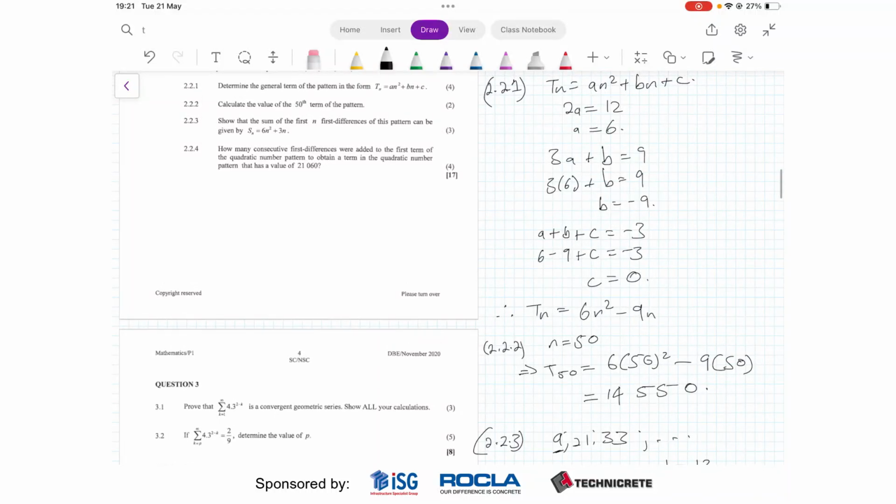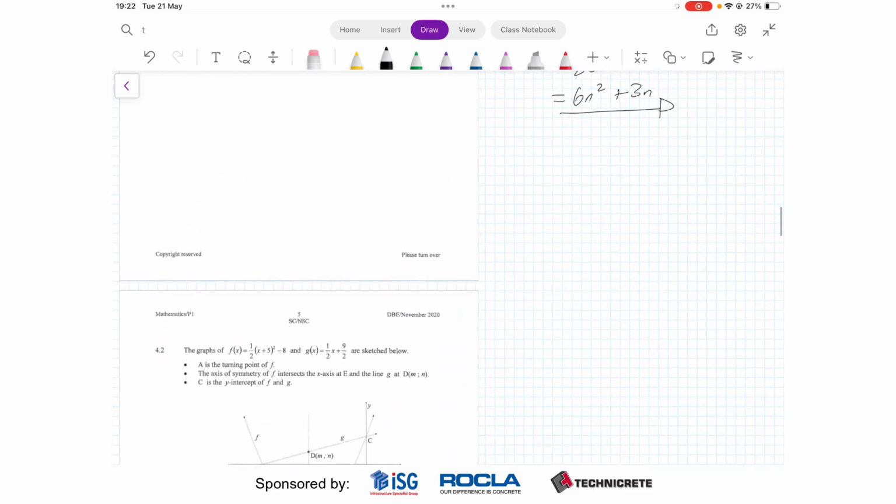Moving forward, how many consecutive first differences were added to the first term of the quadratic pattern in order to obtain a term in the quadratic number pattern that has a value of 21,060?